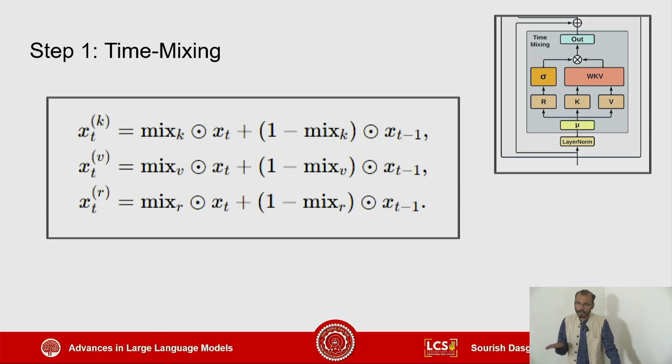Now there is no handshaking in RWKV. In RWKV, no handshaking happens, so there is no query, so to say. It's just we have the key and we have the value, right? So we do a mixed representation in terms of bigram of these two.